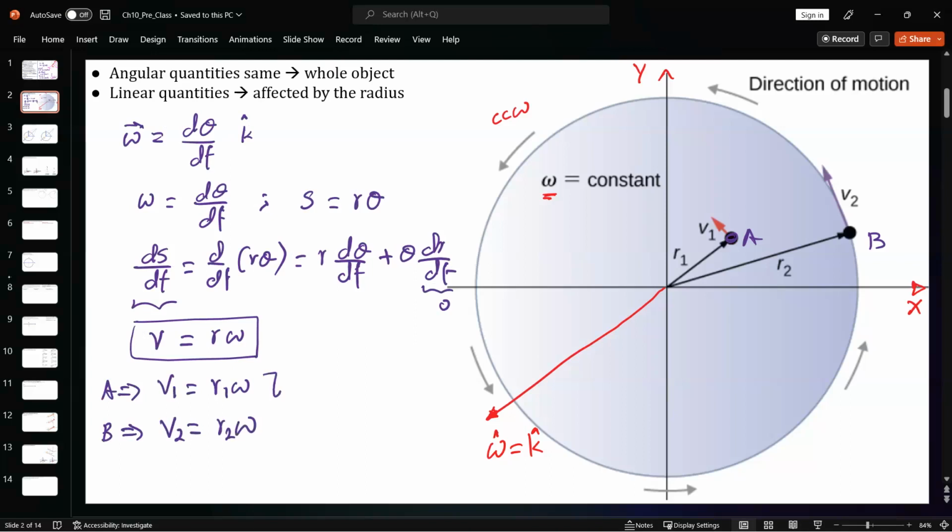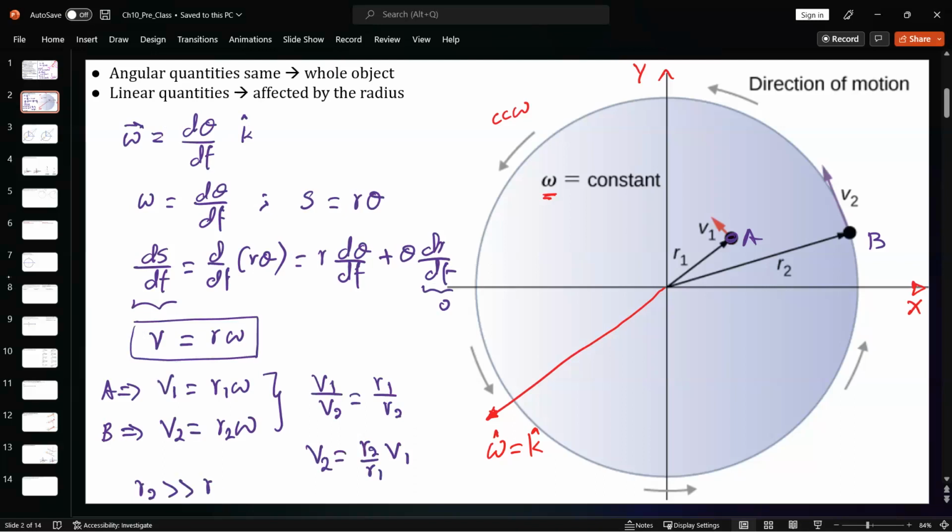If I divide these two equations, I can find the relationship between V1 and V2, which is R1 to R2. So if I rearrange this a little bit, we can say V2 is equal to R2 divided by R1 times V1. We know R2 is much greater than R1.